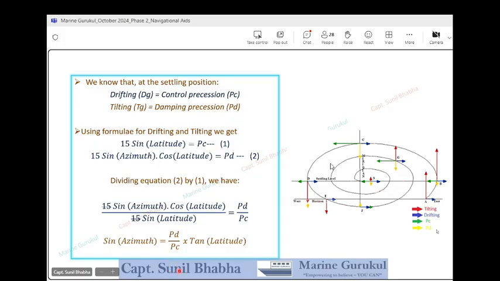The cos latitude upon sine latitude is taken onto the right-hand side of the equation, and when it goes on the right-hand side it becomes sine lat upon cos lat, which converts to tangent of latitude. So we get the relationship: sine of azimuth is equal to PD upon PC into the tangent of latitude.